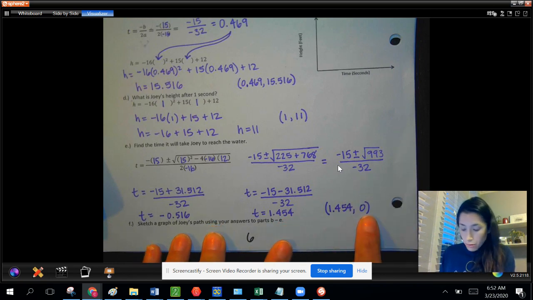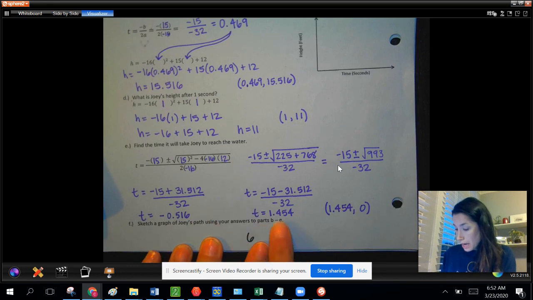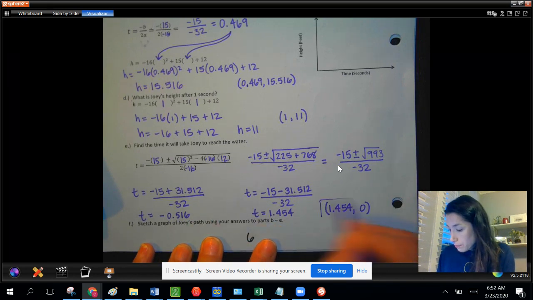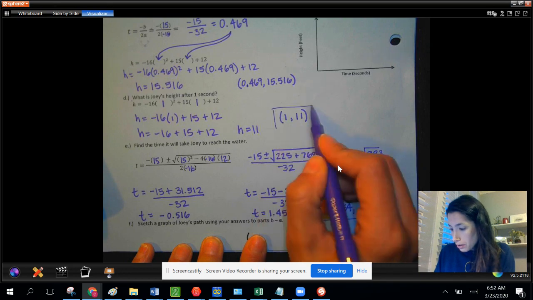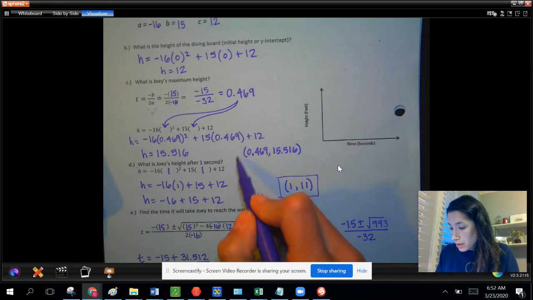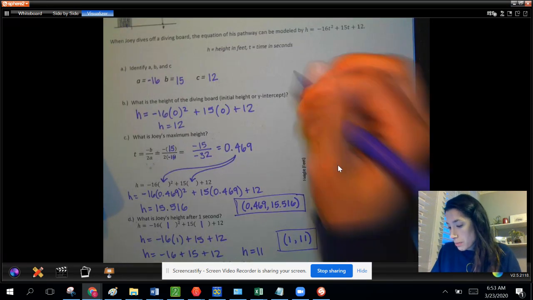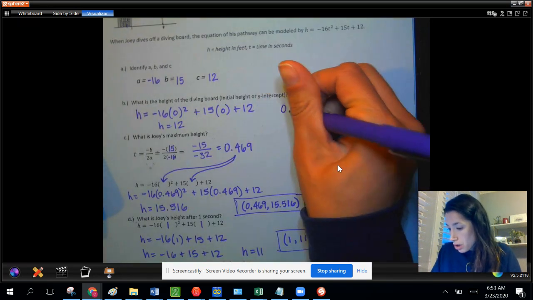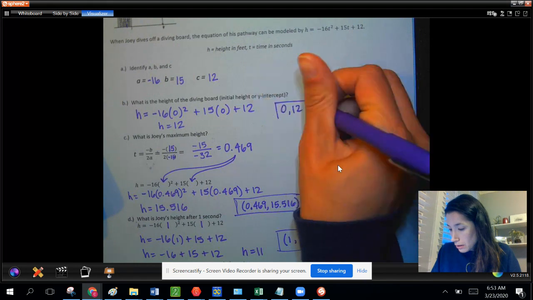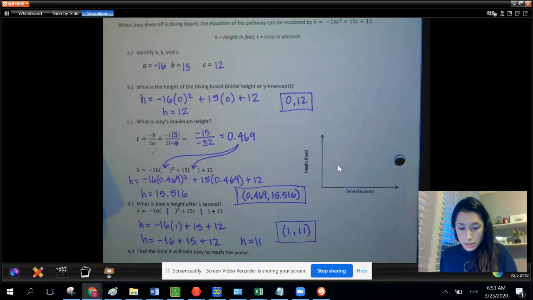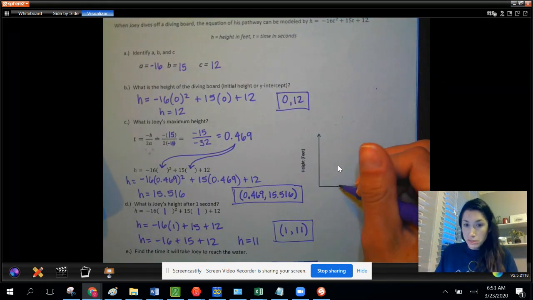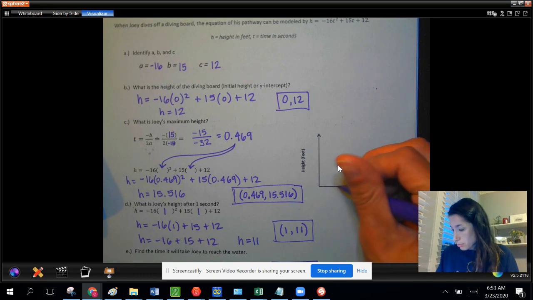So now we have a few different points that we can actually use to draw a sketch of the path. So here's one coordinate. Here's another coordinate. We had this coordinate here, and then also we didn't write the y-intercept as a coordinate, but remember our y-intercept would have been 0, 12. So if we want a rough sketch of this, our time really only goes up to 2 seconds or 1.5 seconds about.